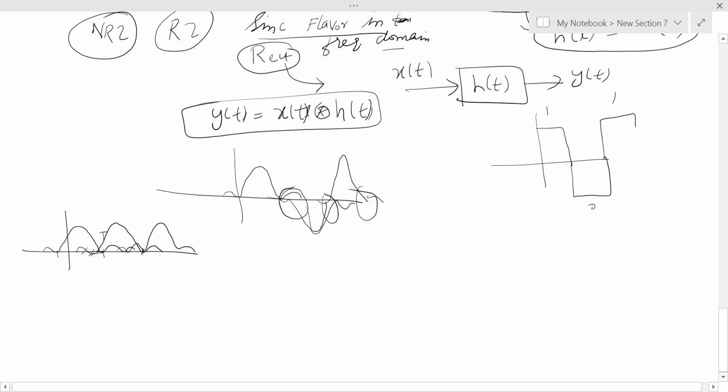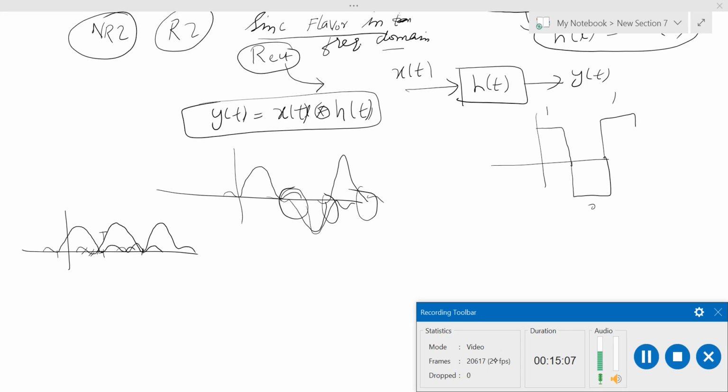To answer this question, what I can say is that it was a genius step. What he said is, you are basically sampling, right? You are not transmitting continuous time signals.